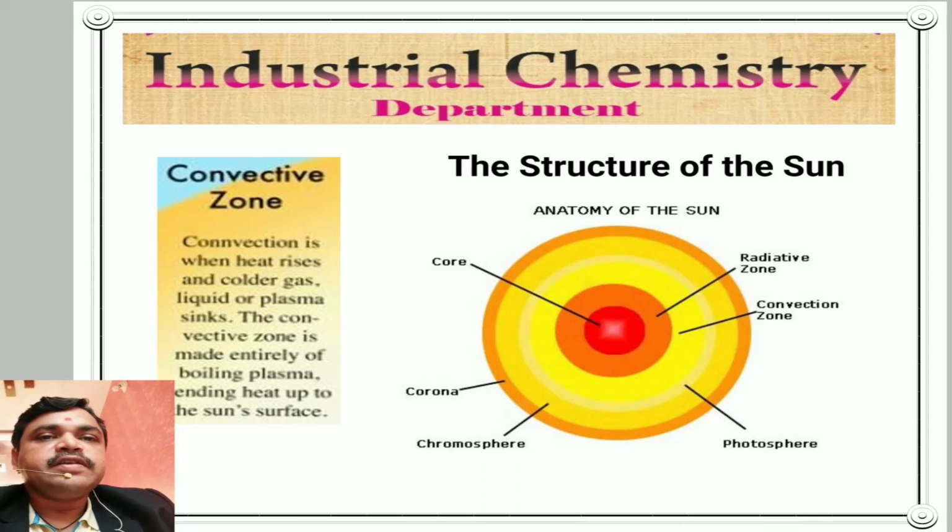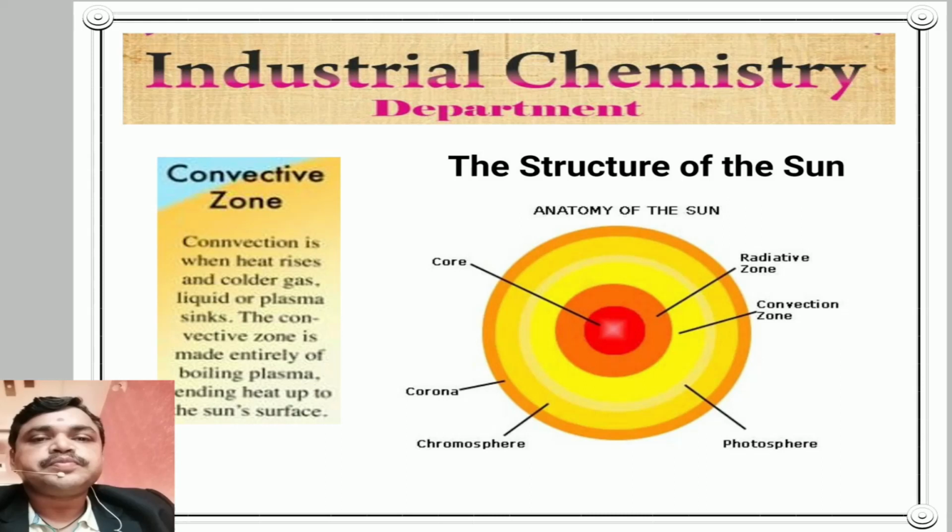After this, it is known as the convective zone. Convection is when heat rises and colder gas, liquid or plasma sinks. The convective zone is made entirely of boiling plasma, sending heat up to the Sun's surface.